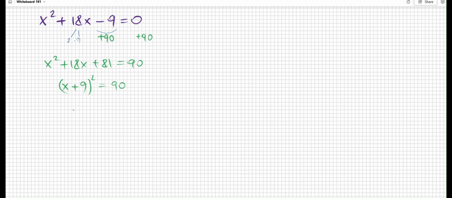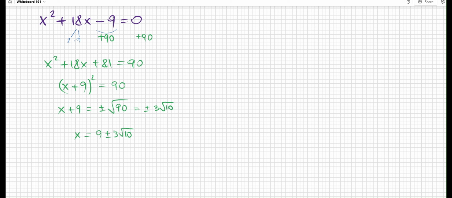And since a square is equal to 90, don't forget about the negative sign. x plus 9 will be plus or minus root 90, which is basically plus or minus 3 root 10. So we just move the 9 to the other side of the equation. It will be x is equal to negative 9 plus minus 3 root 10.